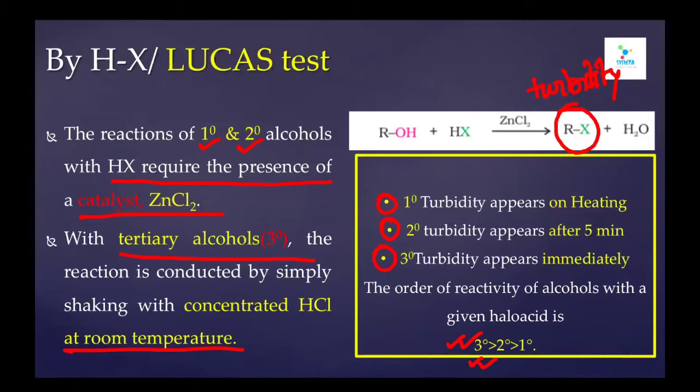But in case of 3 degree alcohol, you simply put the alcohol in concentrated HCl solution, or whichever halo acid you have, and leave it at room temperature. It automatically turns to the alkyl halide, which appears as turbidity or a precipitate, immediately at room temperature. So this is the way to distinguish the alcohols. This is already included in your textbook in the alcohol chapter, which I have discussed here itself.